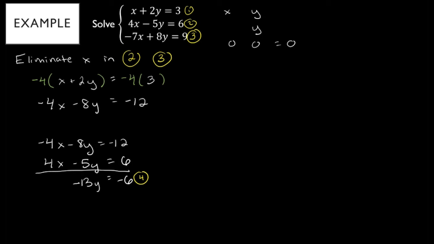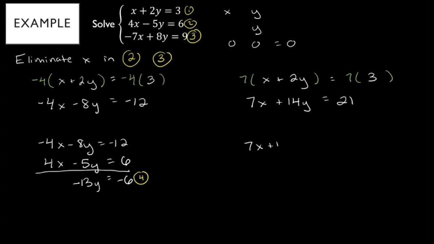Now to eliminate the x in equation 3, I need to take the first equation and multiply by 7. I multiply 7 by x plus 2y, and then 7 times 3. So that gives me 7x plus 14y equals 21.